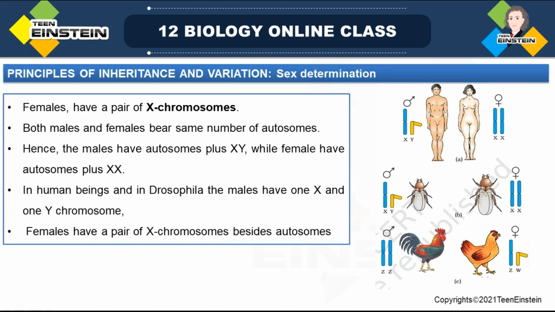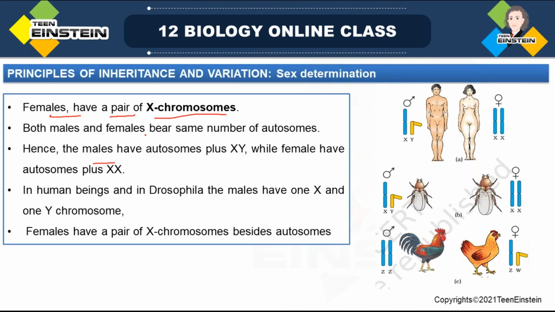Then in female, in XY type, they have a pair of X chromosomes. It's not single. Both male and female bear the same number of autosomes. In human beings, the number of chromosomes will be similar in male and female, right?